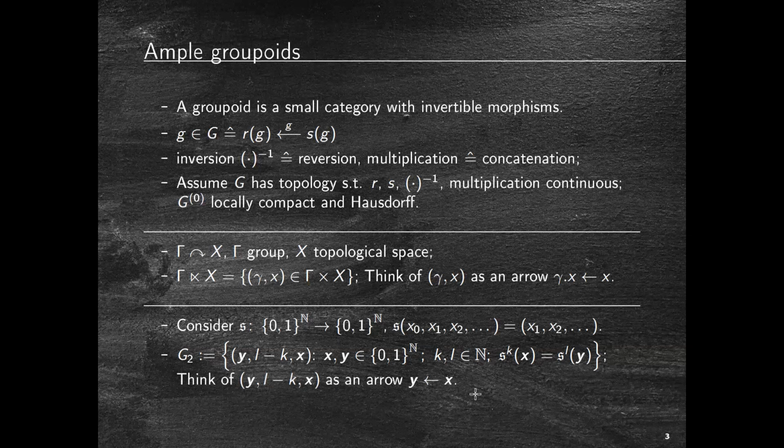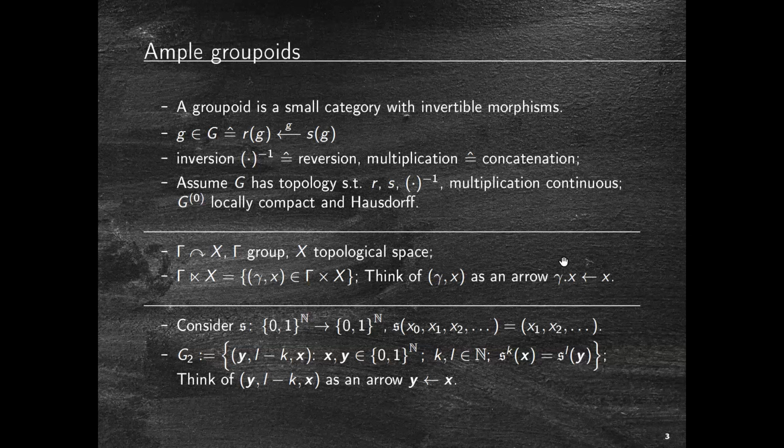Okay. So for the purpose of this talk, these are the two classes of examples to keep in mind. And if you look at these, in some sense, in both of them, the groupoids describe somehow the orbits of your dynamical system.